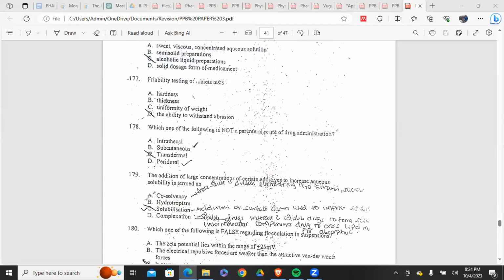Which one of the following is not a parenteral route of drug administration? Intrathecal, subcutaneous, transdermal, peridural.